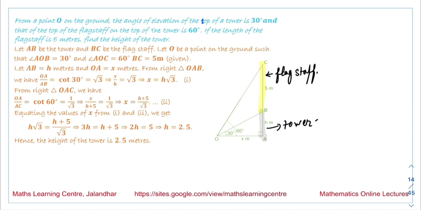The height of this flagstaff is given to be 5 meters. Suppose the height of the tower is h meters, and the distance of this point O from where we are measuring these angles is x meters.